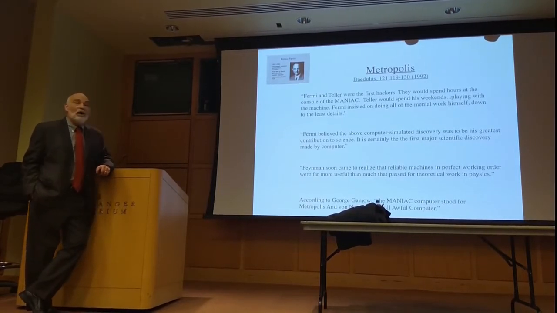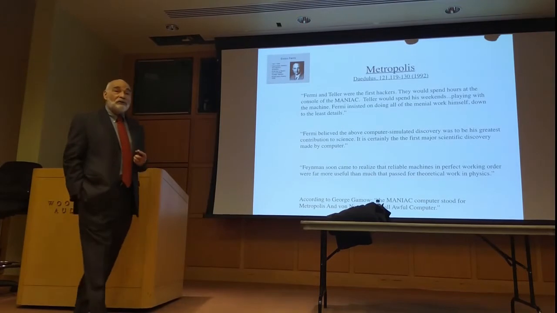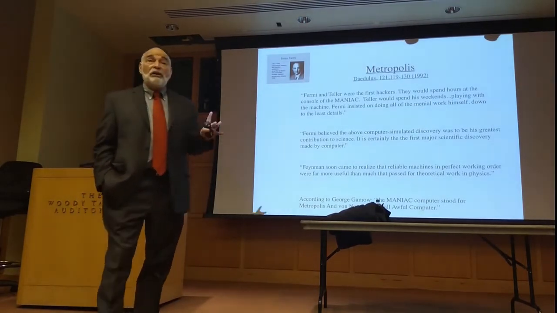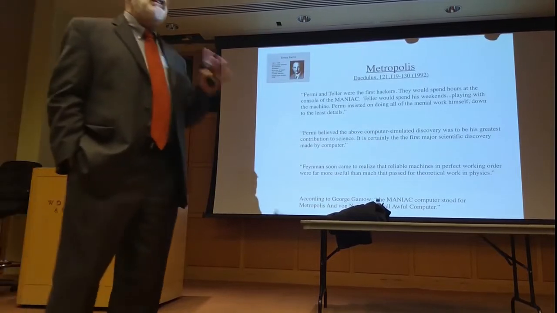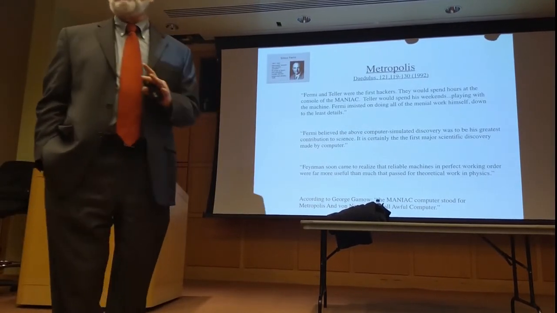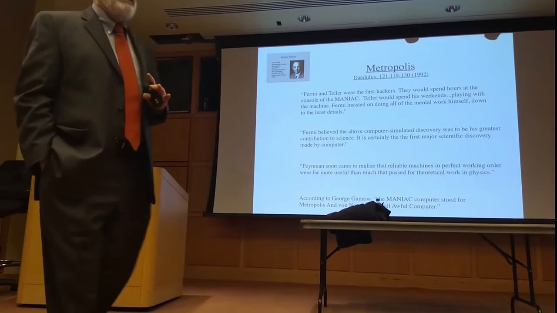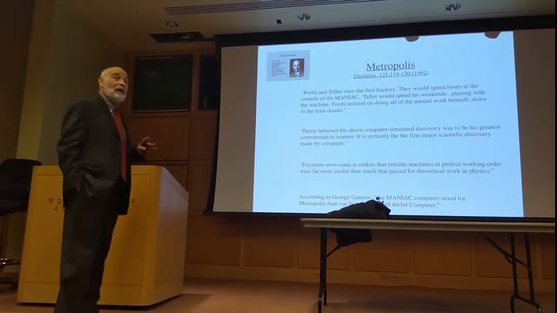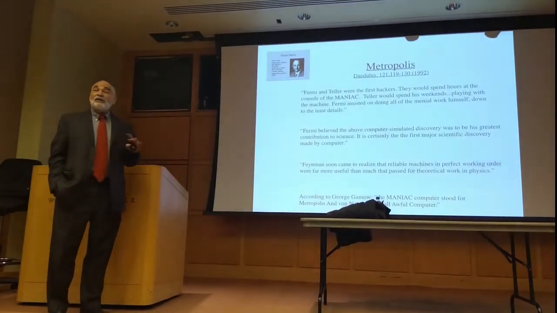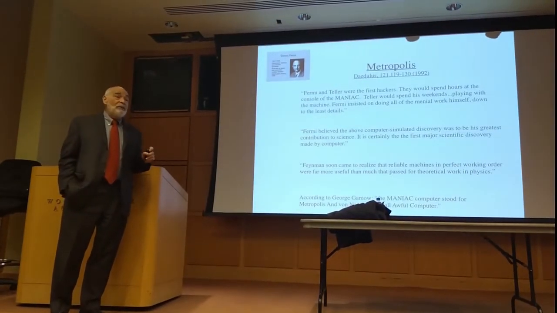Now, I like to show this slide because when I was a graduate student, using computers in chemistry was considered beneath the dignity of a theorist. And in fact, that went on for many, many years. And I ask, where are those theorists now? Because this has sort of taken over.